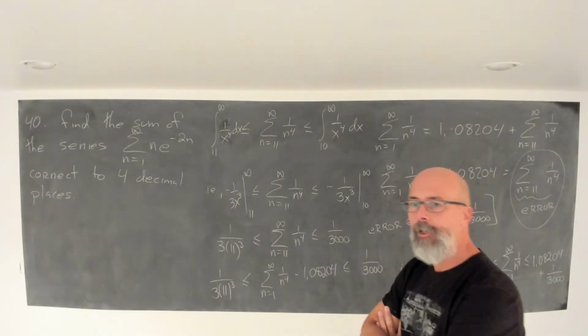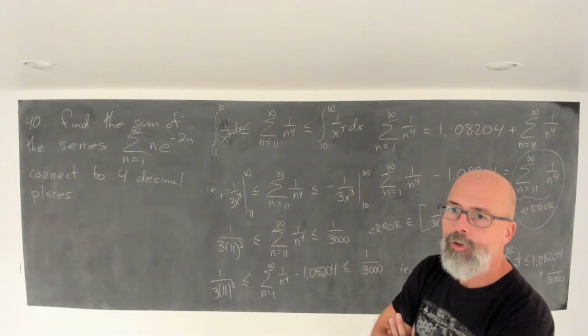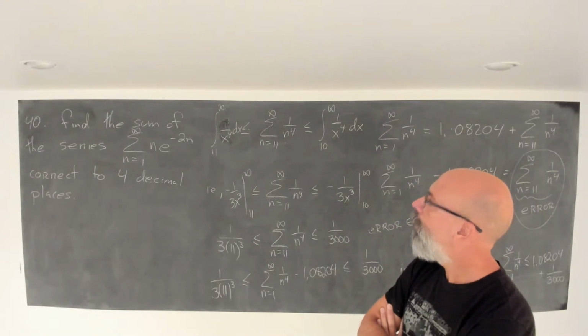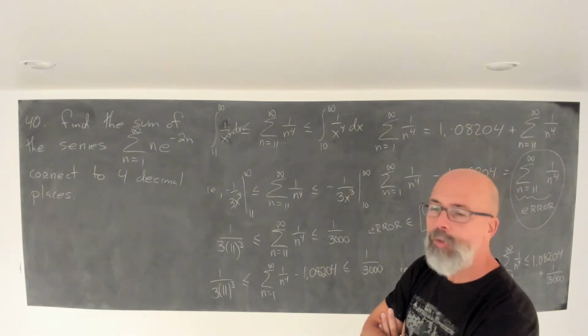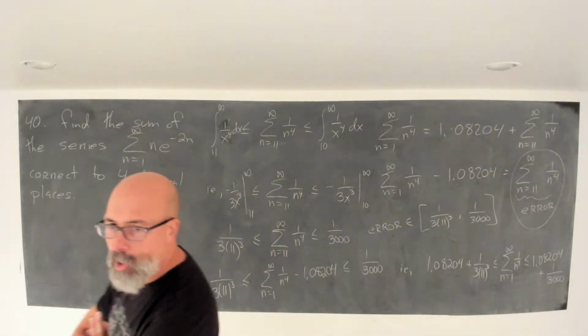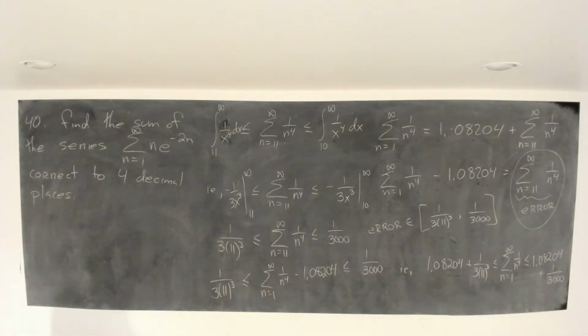Tiffany is asking, does this mean we have to add up the first 10 terms or more than that? We don't even know how many terms must be added. And if the series doesn't converge, then we're done. This question wouldn't make sense.